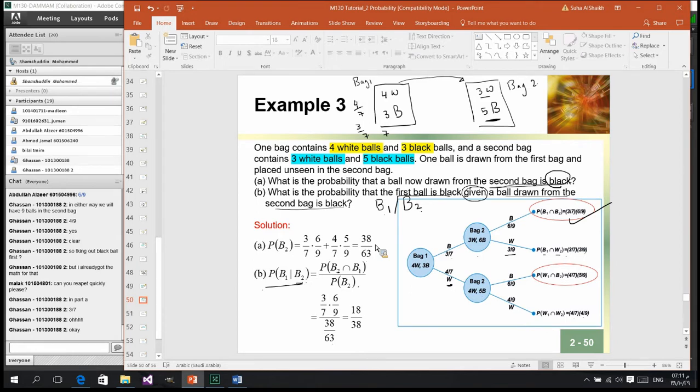The probability of a black ball from the second bag we counted already in the first part. The intersection of B2 and B1 is this part, meaning both balls are black. Only this part. So this is the result that we are getting. Is it clear? Have a look at it.